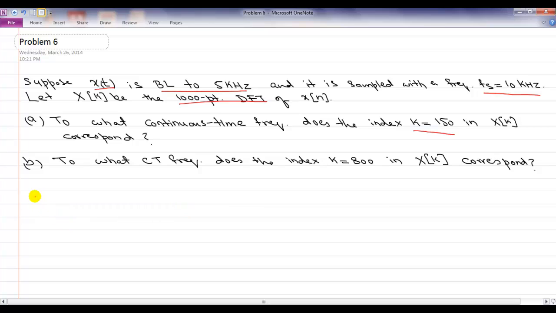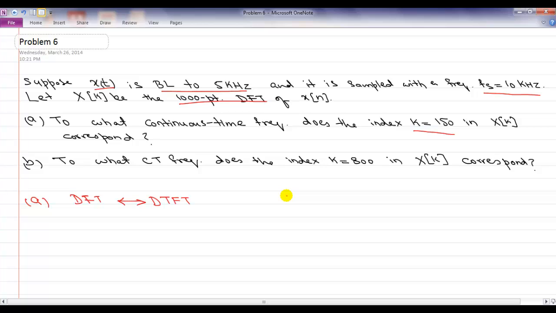So the way you want to solve this problem is you want to remember that DFT is related to DTFT. Okay, you need to remember that relationship. What is the relationship? DFT is samples of the DTFT from 0 to 2 pi minus 2 pi over N. Okay, it samples every 2 pi over N radians.